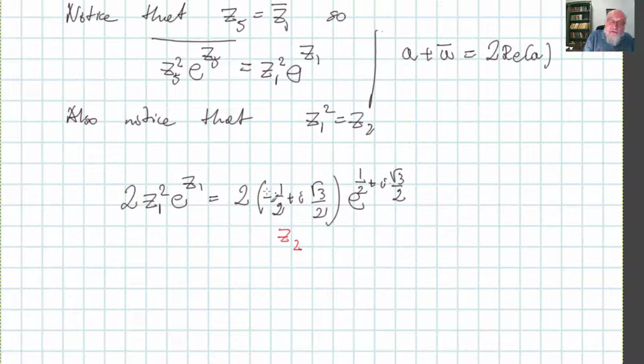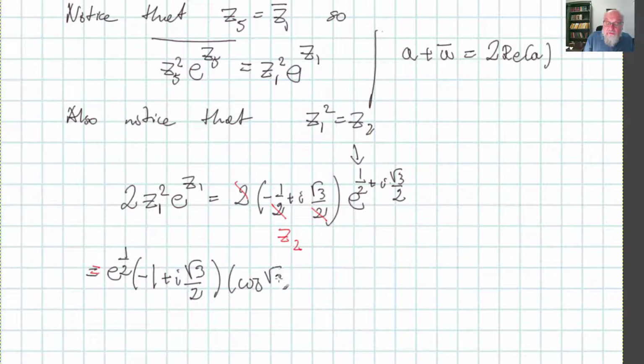So we do the first simplification, we cut it, and that one we factor out. So this will be e to the 1/2, and here we have minus 1 plus i square root of 3, and this one will be cosine square root of 3 by 2 plus i sine square root of 3 by 2.